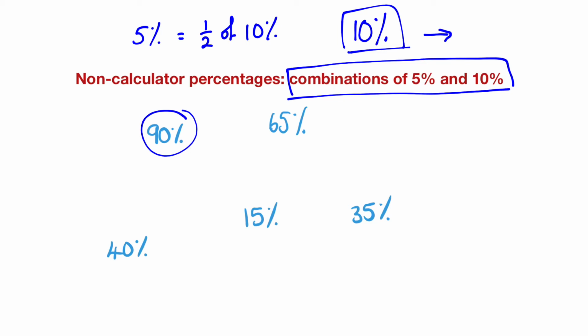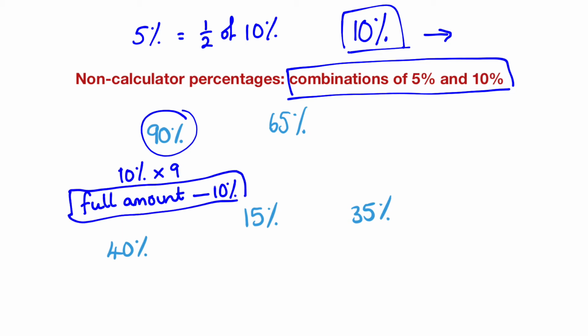Okay, so to find 90%, if we know 10%, how would we find 90%? Two different ways. We could either do 10% and times it by 9, or we could do the full amount, which is 100%, and we could take off 10%. So that's an alternative way that we will be thinking about later on.